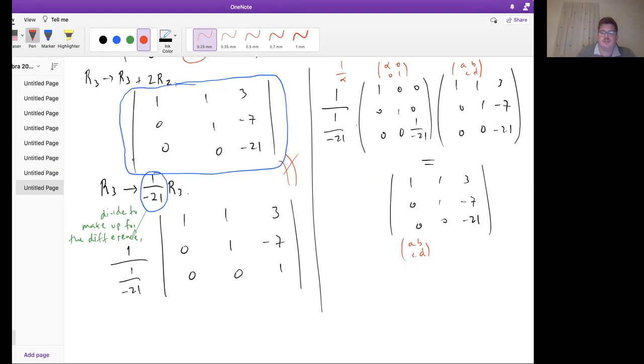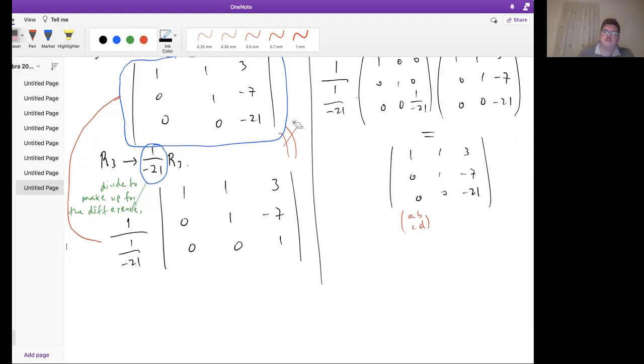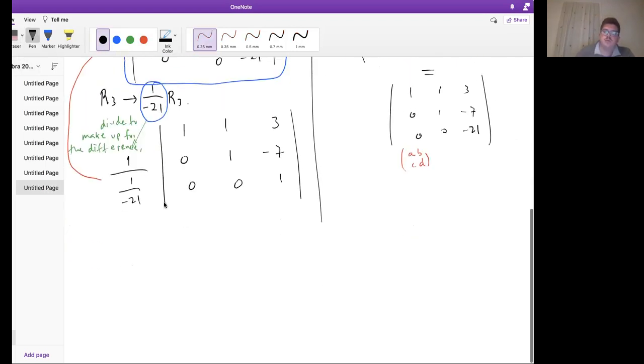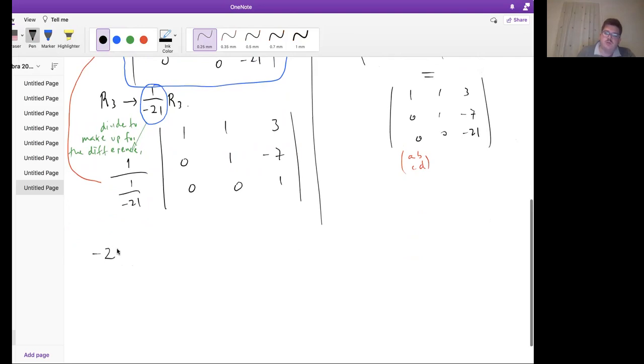So again, just to reiterate, it's confusing because it's division. If you multiply a row by a number, to offset it, divide by that number to keep the same determinant. So what we get is negative 21 times the determinant of this matrix.